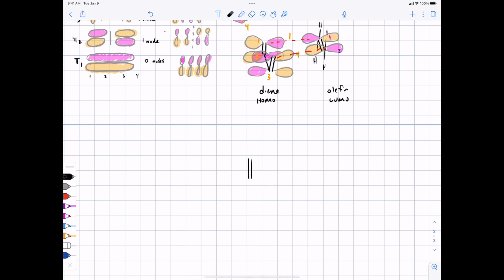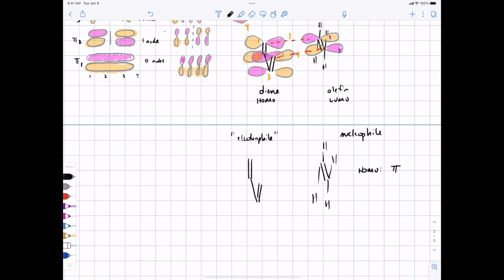Suppose I wanted to think of the diene as the electrophile. And suppose I wanted to think of the olefin as the nucleophile.